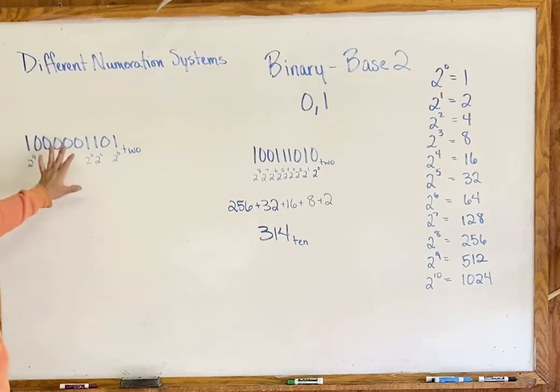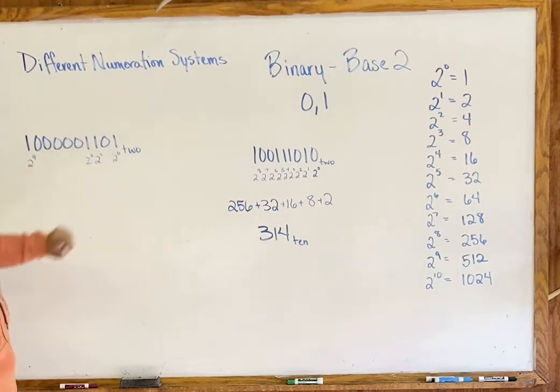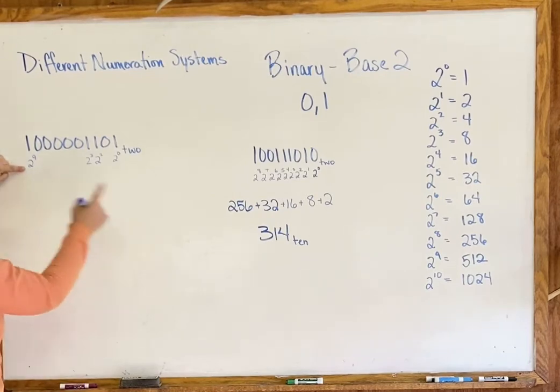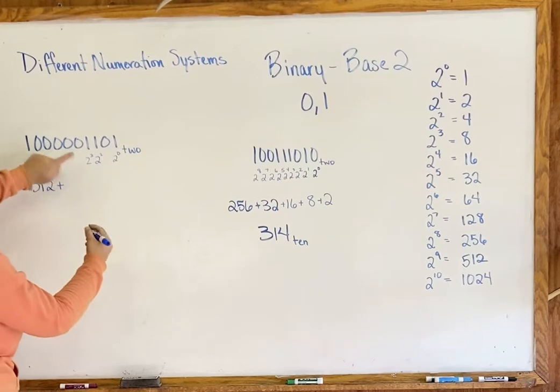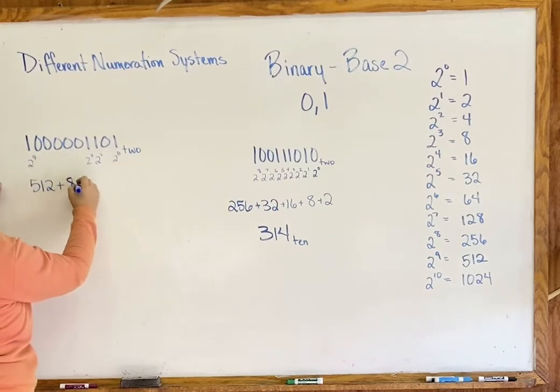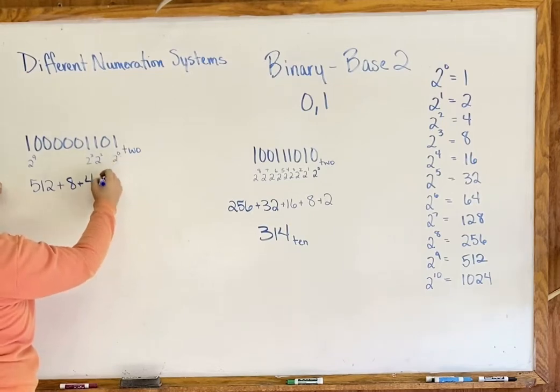Okay, so this time, again, because of these zeros, we know we can just leave them off. So now all we need to do is just slide through and write down the guys that we still have. So the 2 to the 9th is the 512, plus 2 cubed is 8, plus 2 squared is 4, plus 2 to the 0 is 1.